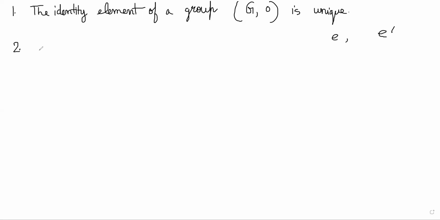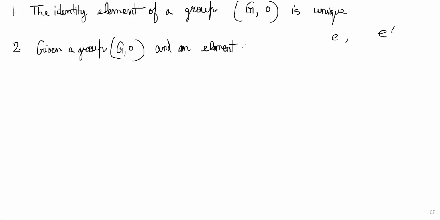So the second property is, given a group G dot and an element X belonging to G, there is only one inverse.